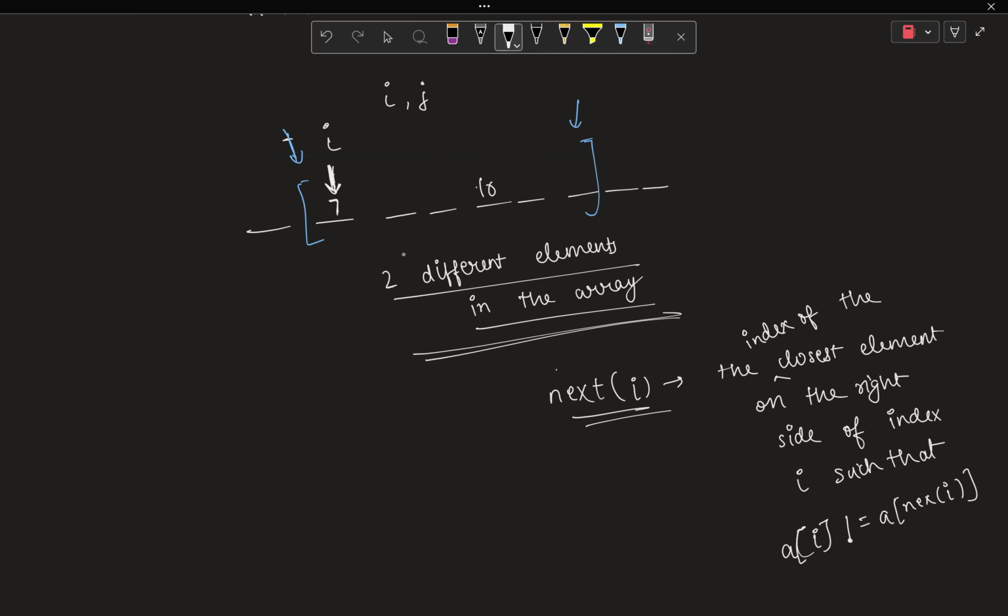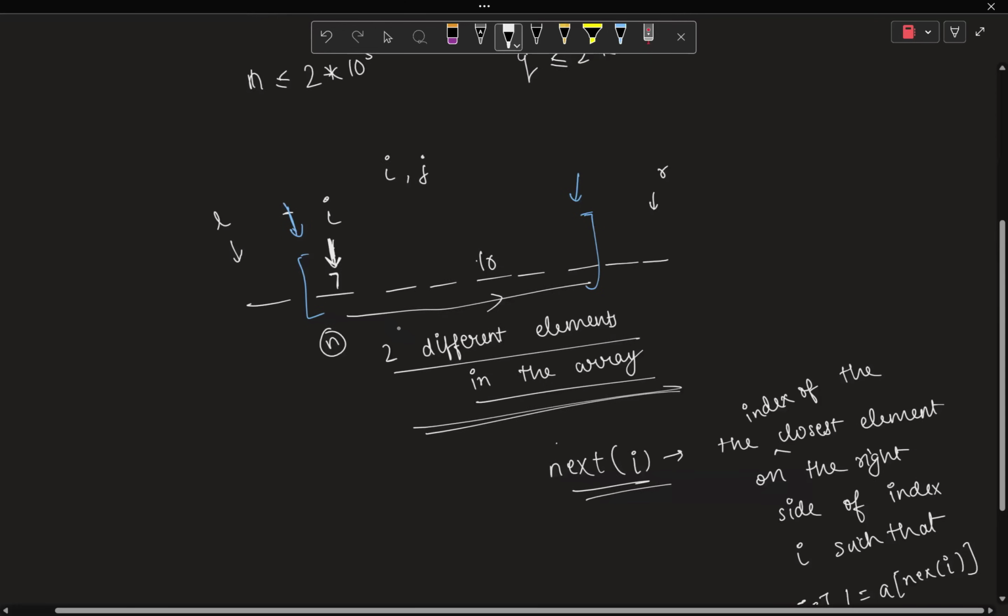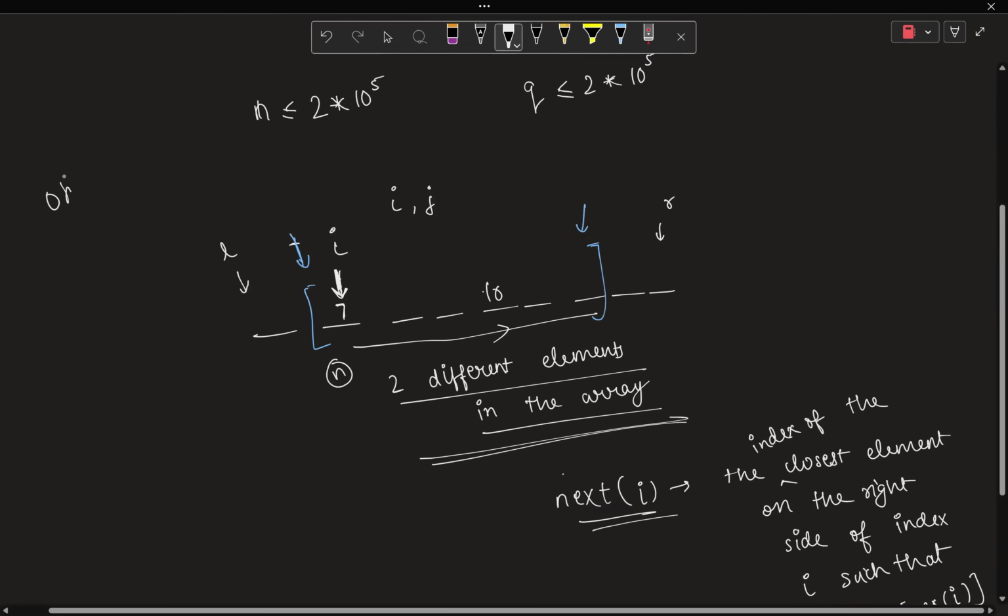No, to avoid going outside the range, you can iterate over I to j only. If you just iterate over this whole thing, you will have a time complexity of at most big O of n, because in the worst case the left thing could have been here and the right thing could have been here, so you might iterate over the whole array for every query. If you have big O of n time complexity for every query, your time complexity will go big O of n into q, which will not work.